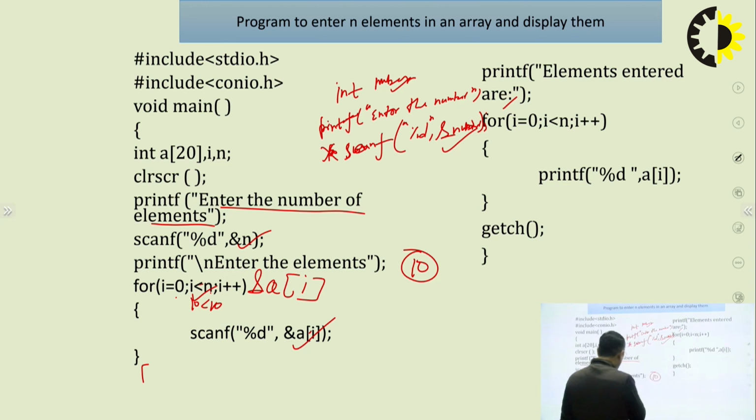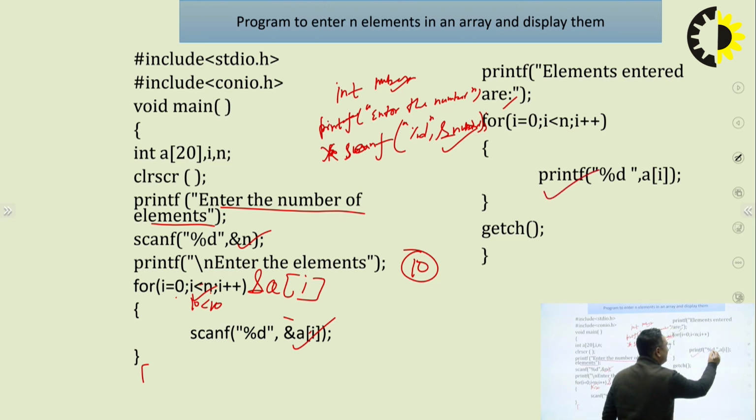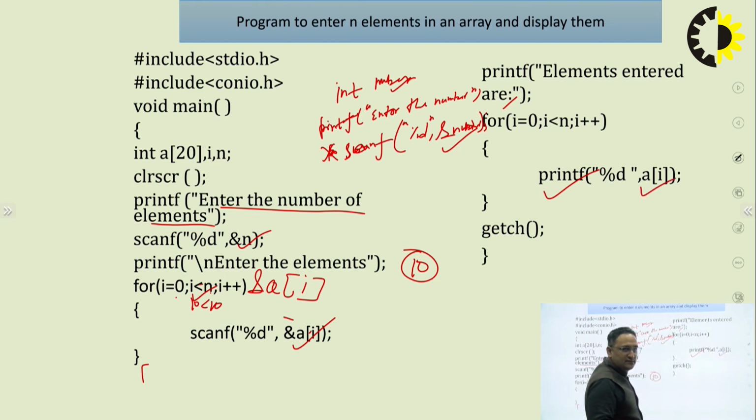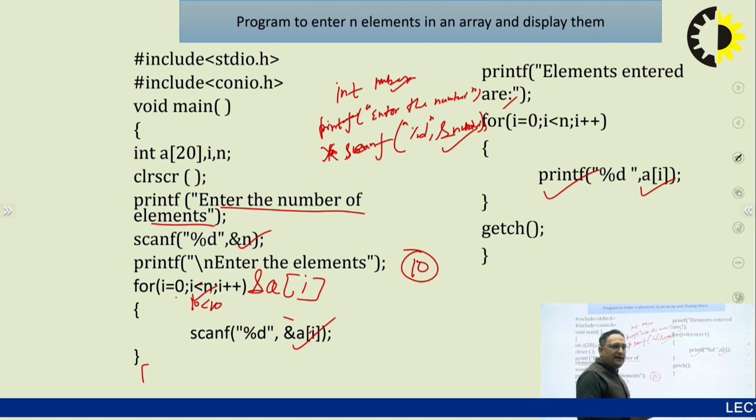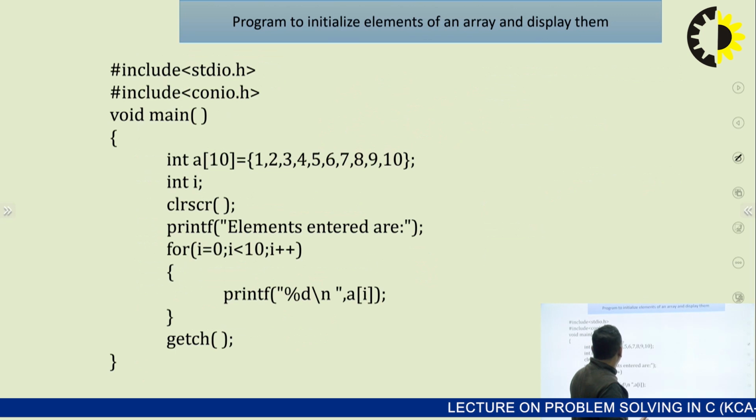Similarly, as you did for scanf, only the ampersand will be excluded, and then we will write printf %d for printing the element, accessing every element of the array. So this is how an array is being taken from the user, and then we are printing that array, right?